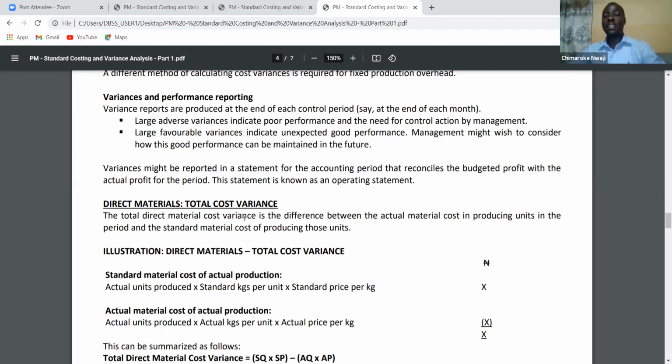So the variances you have produced are your variance reports. A large adverse variance in your reports indicates poor performance, and management will need to act on that. They will need to take control action to ensure that these poor performances do not repeat themselves again.